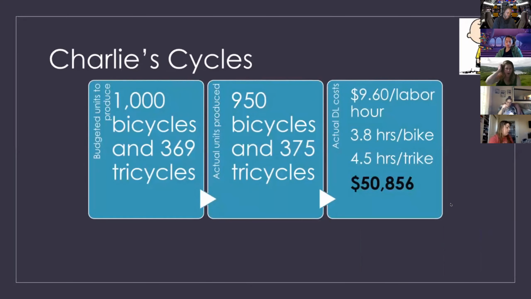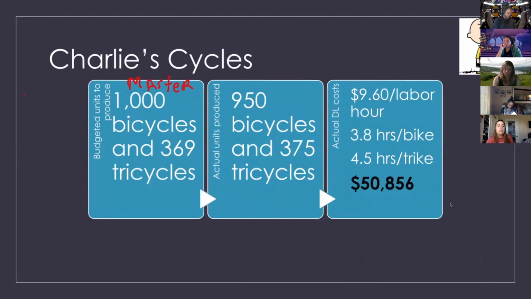So here we have our master budget. This is from Charlotte Cycles in chapter 9. We said we were going to do 1,000 bicycles and 369 tricycles.